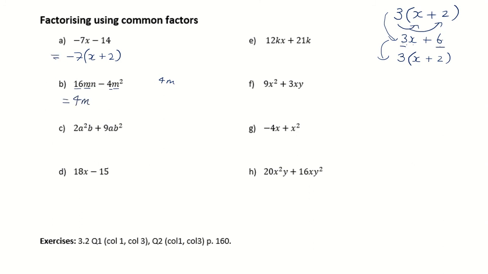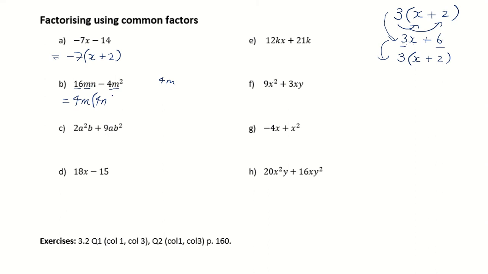Now to get 16mn, we need to multiply 4m by 4. 4 times 4 is 16. And then to get the n, we need to multiply it by n. So 4m times 4n is 16mn.